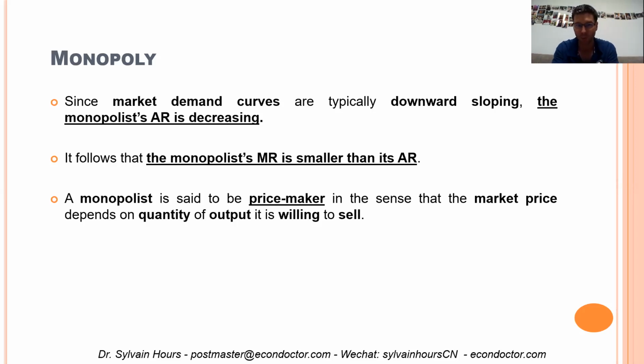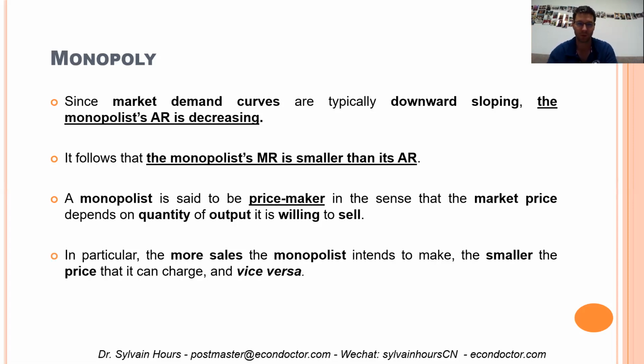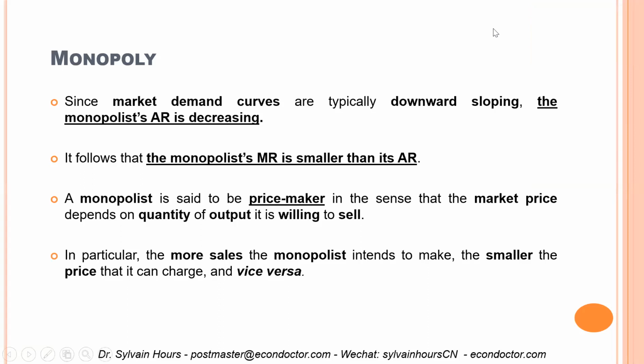But if this monopolist chooses to sell a large level of output, then it will be forced to charge a low price. So it is a price maker, of course. Okay, and that's what I explain here. The more sales the monopolist intends to make, the smaller the price that it can charge and vice versa.